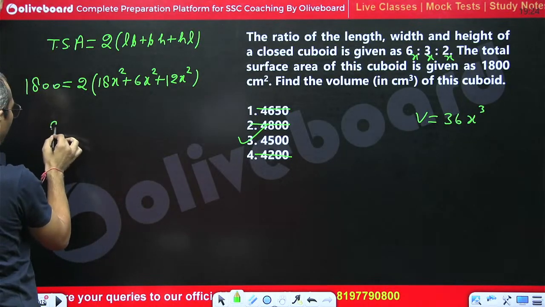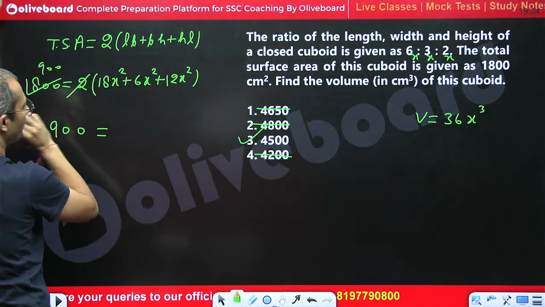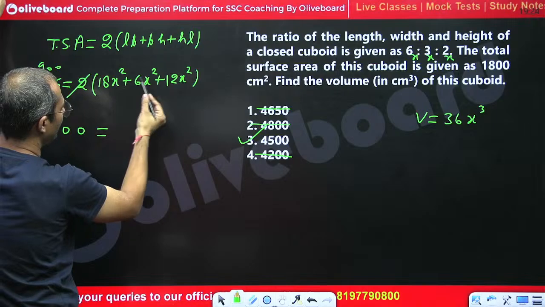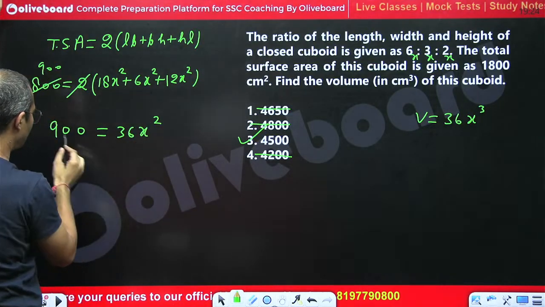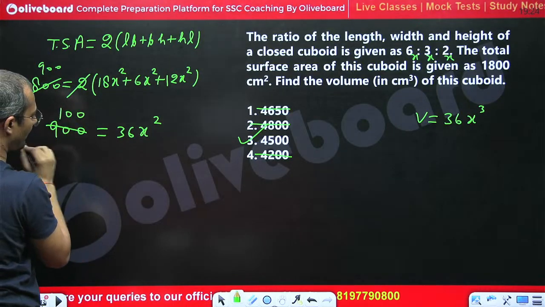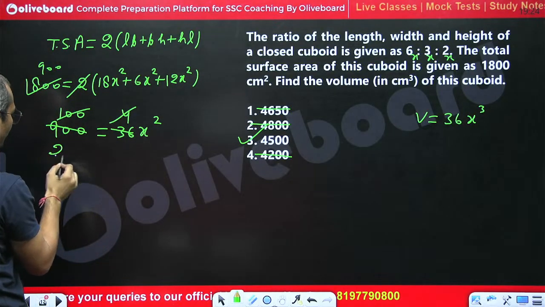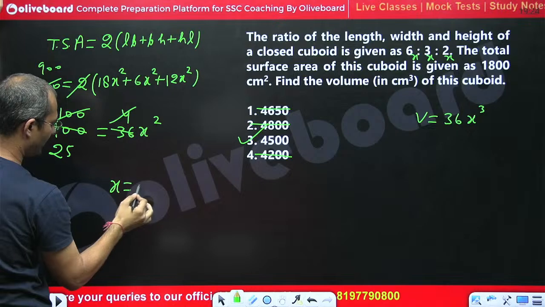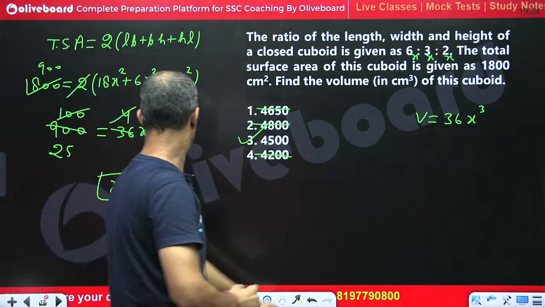We get 900 and 900 cancelled out. So we get 18 and 12, 30, 36 x square. So x square would be 25, so x would be equal to 5. Here we get the value of x is equal to 5.